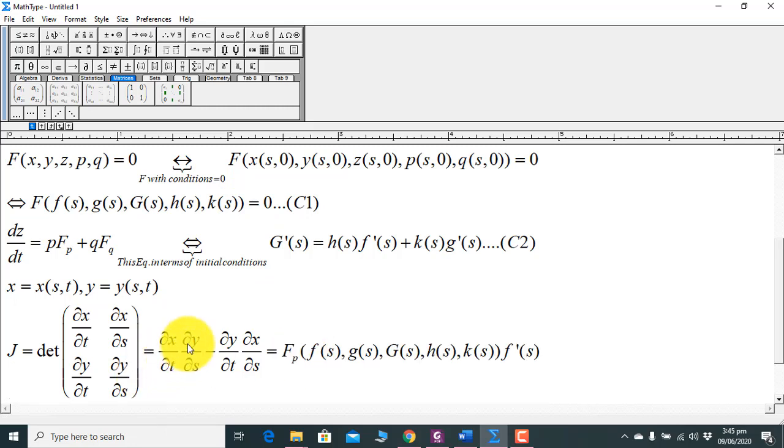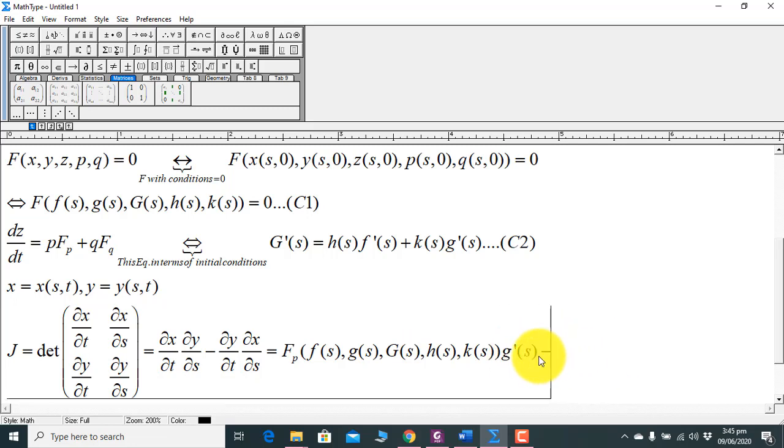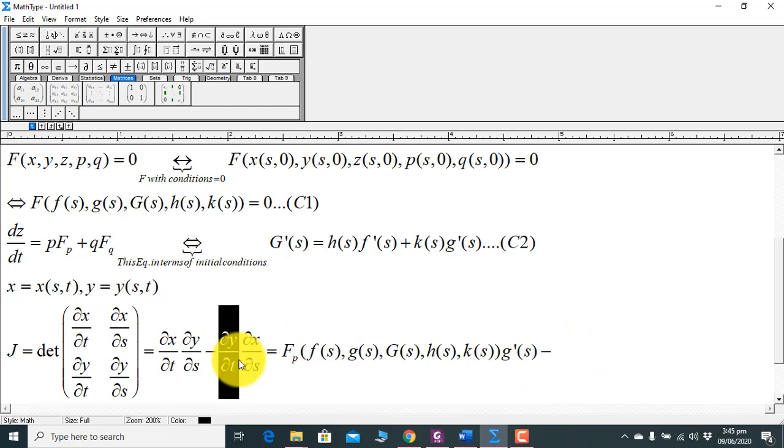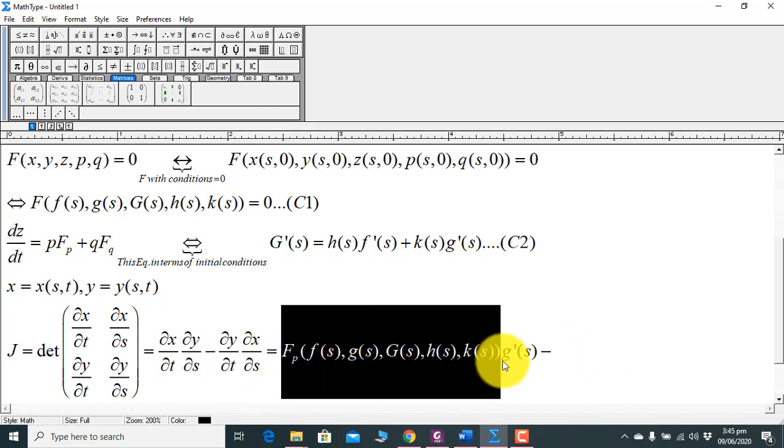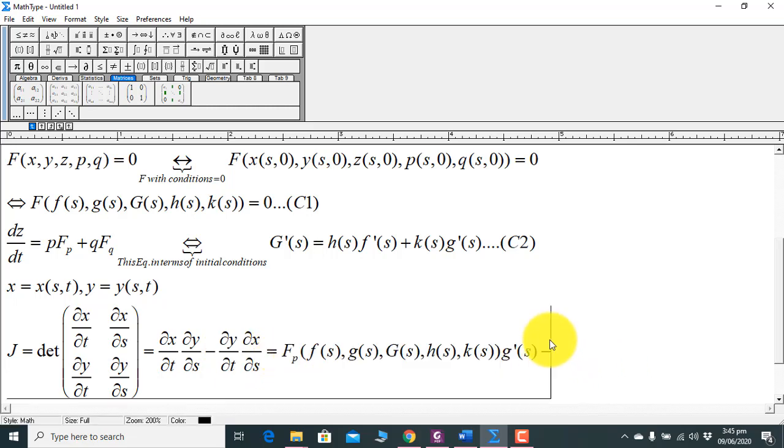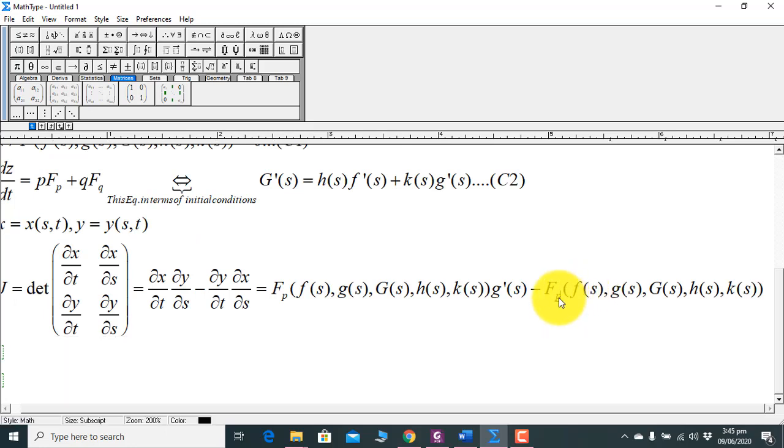On the right hand side, you have partial y over partial s. Y has condition small g, so it will be g prime. Similarly, minus partial y over partial t is fq, so you will write the whole thing with fq.